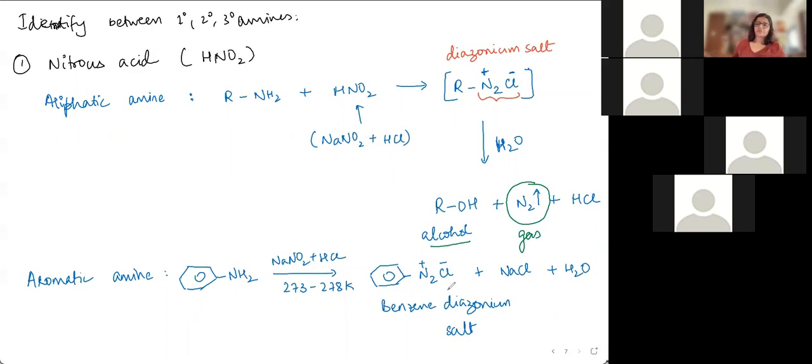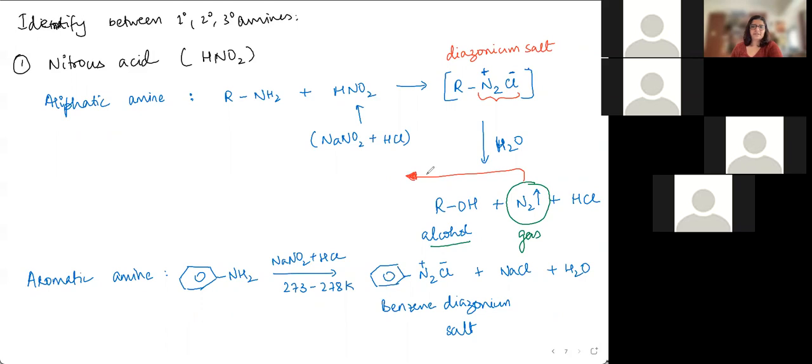So this is quite important because, one, it's a test for amine. Another use of this test, and why the nitrogen is important, is quantitative analysis. From how much N2 gas is evolved, you can figure out the quantity of the amino acid and protein present in a sample.